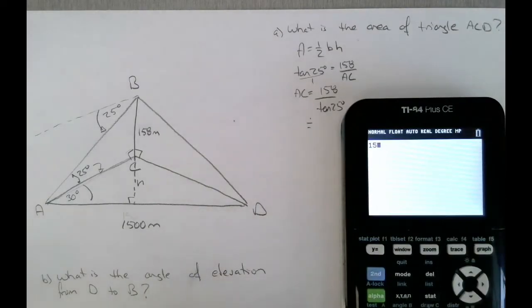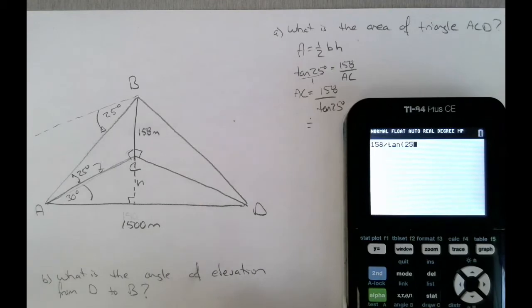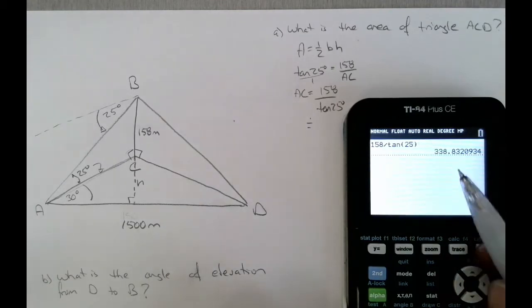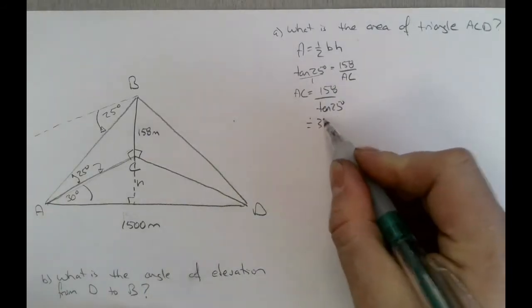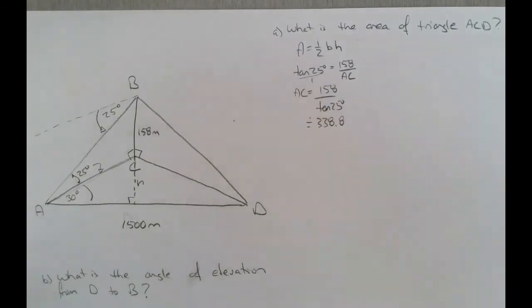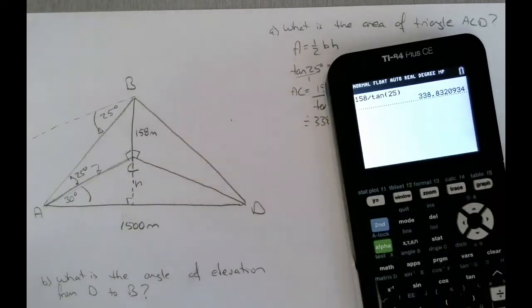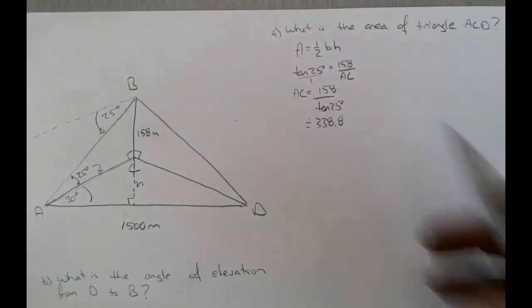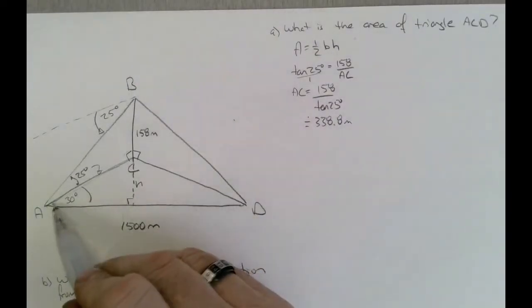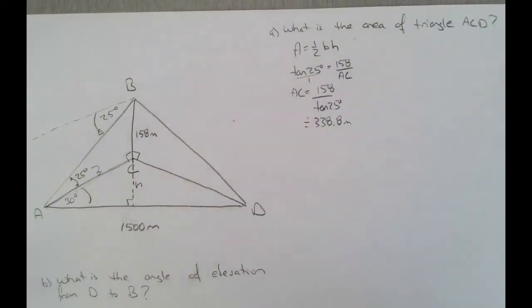So 158 divided by the tangent of 25. And I'm going to get roughly 338.8. Now I'm going to leave that in my calculator so that I don't make rounding errors later on. I'm going to leave that whole decimal there. So there we go. That means this distance right here, AC, is 338.8 meters.